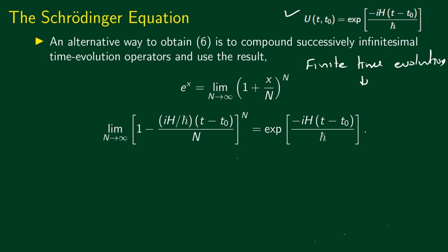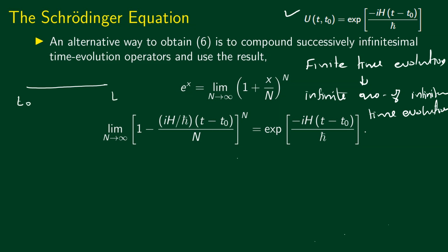So the idea is that a finite time evolution can be thought of as a large number of infinitesimal time evolutions. Suppose you have a finite time interval between t0 and t.